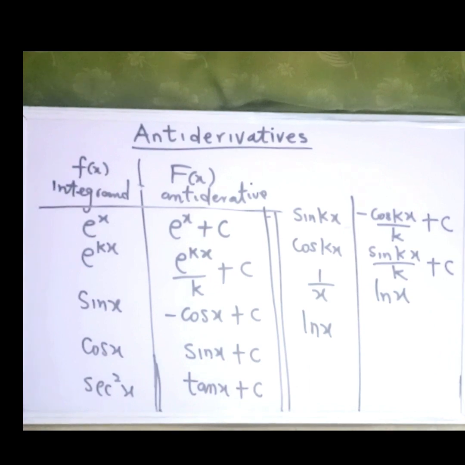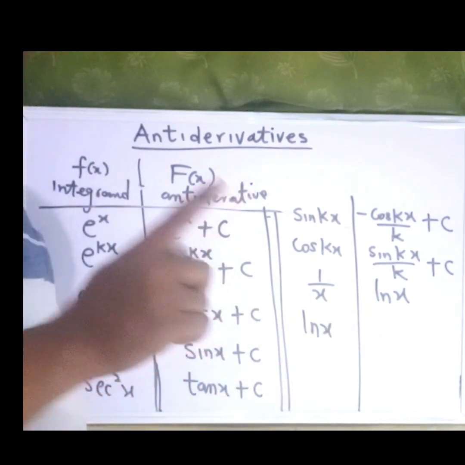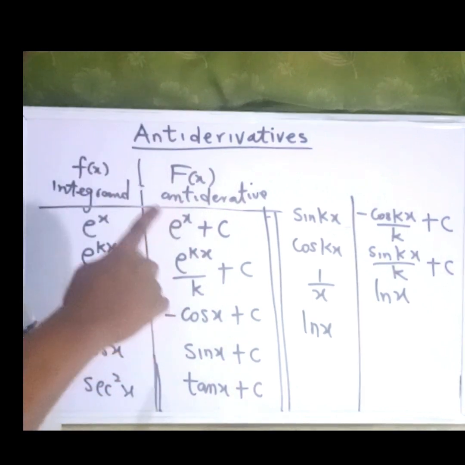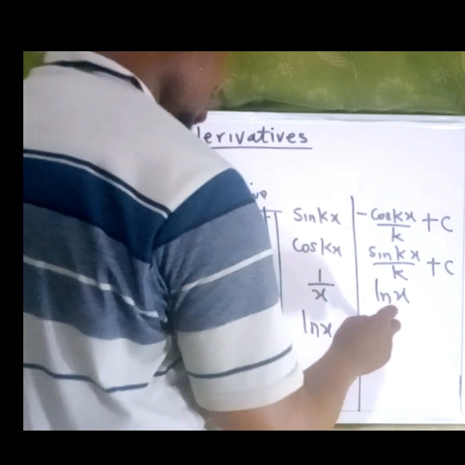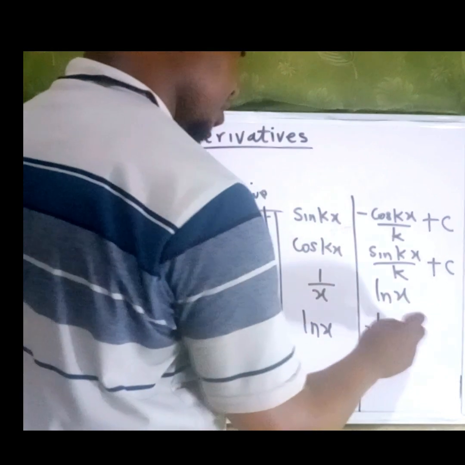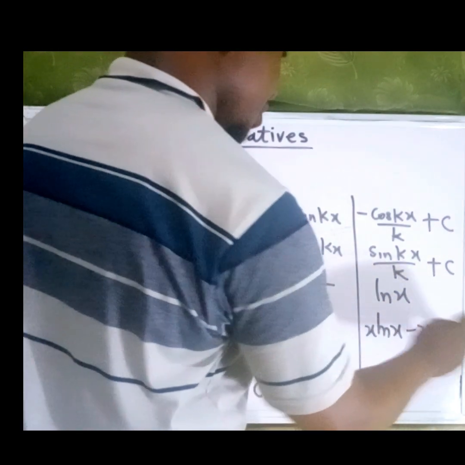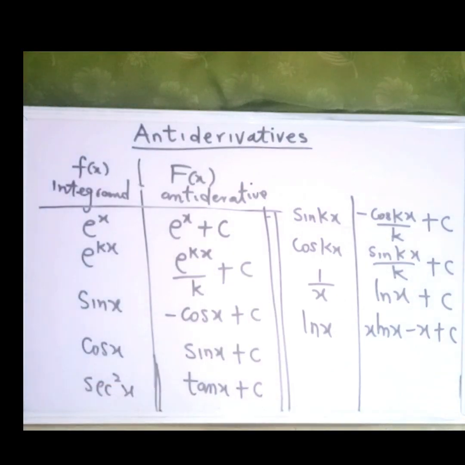It is not 1 over x. So there are two different things. Recall, we do not say that antiderivative means the opposite of an integral. What we are saying is that it is the reverse. And as such, the antiderivative of ln x is x ln x minus x plus c.